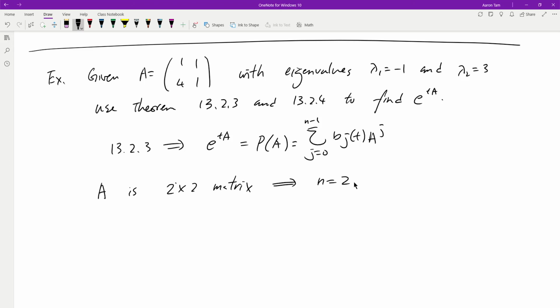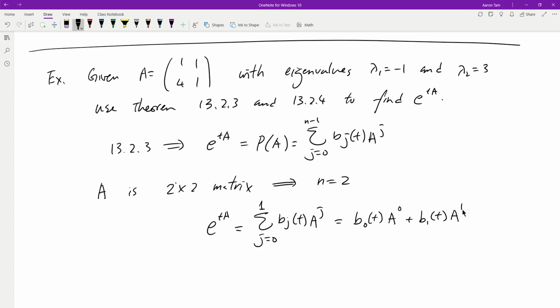So, according to theorem 13.2.3, e to the tA would just be equal to the summation from j equals 0 to 2 minus 1, which is 1, of b sub j of t, A to the j. So what does the summation turn out to be? Just b sub 0 of t, A to the 0, plus b sub 1 of t, A to the first.